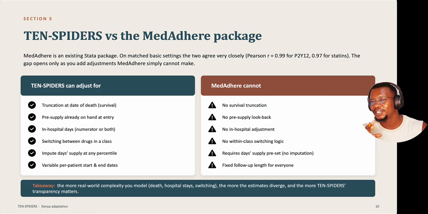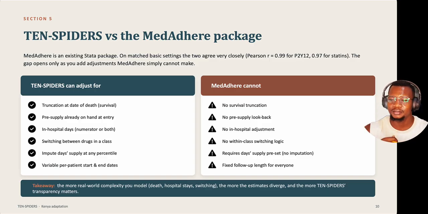If you look at it keenly, that's a problem. Then there is no pre-supply, no adjustment for in-hospital admissions, and no within-class switching logic, where it's the same class of drug but we switched. How does that affect our results? The package does not take care of that.